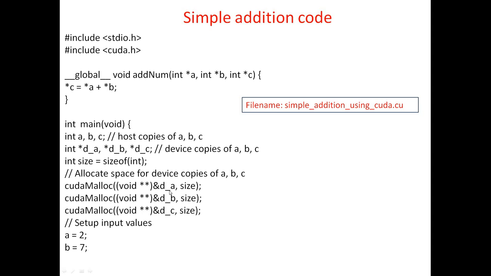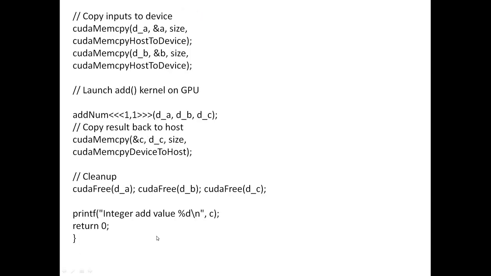Then you are allocating space for A, B and C at the device, far off at the GPU. Now you are initializing A is equal to 2, B is equal to 7 in the local CPU.